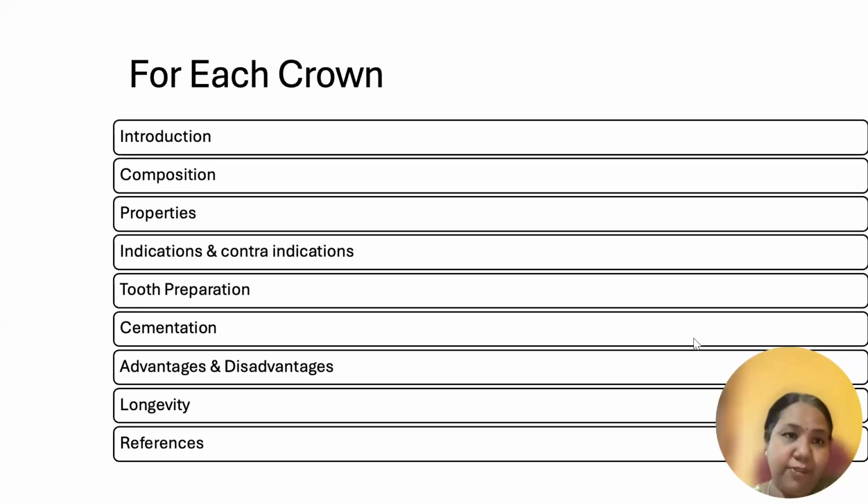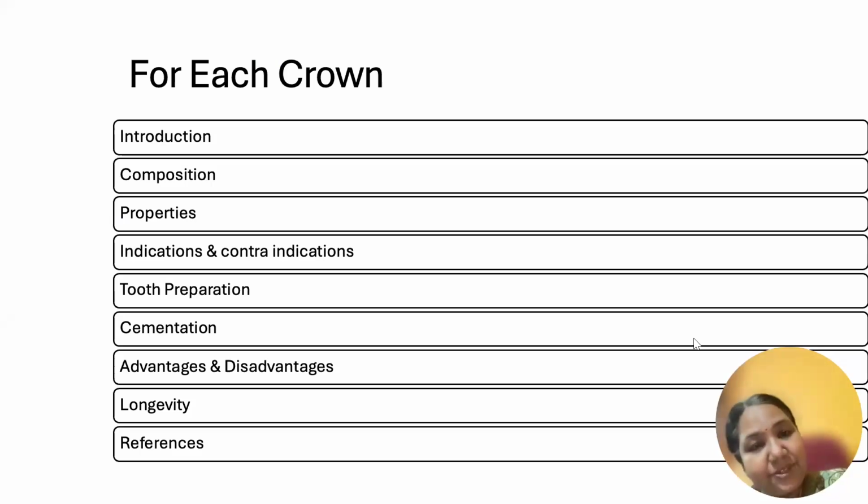So when you're preparing for this, remember for each crown to write a short introduction which will talk about the importance of aesthetics, then talk about the composition or the material with which each one of these crowns are made. Remember the most important properties of these crowns, especially the trademarked property that each crown has.